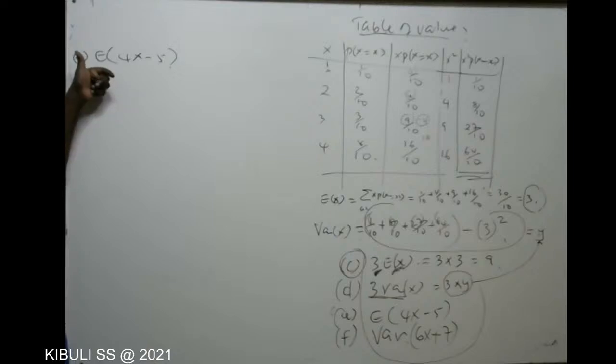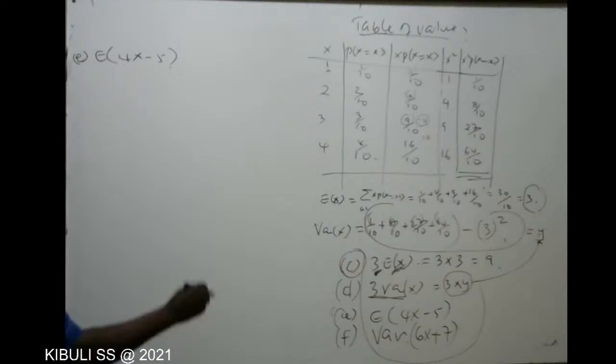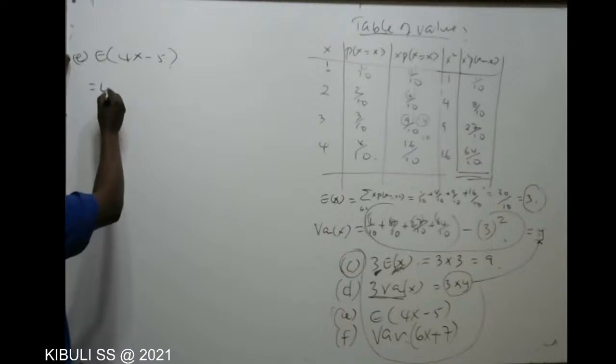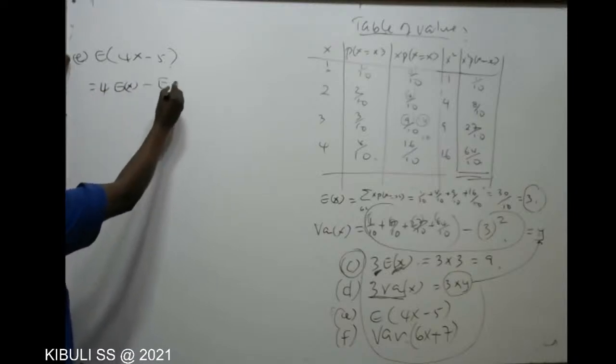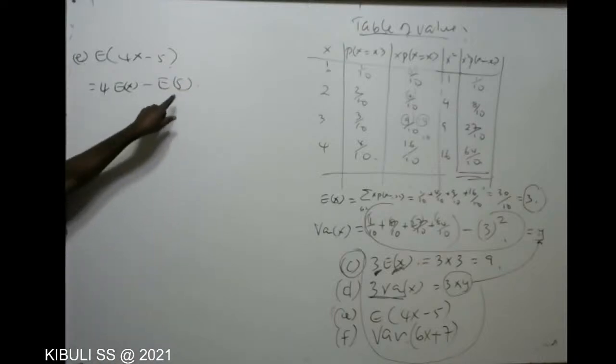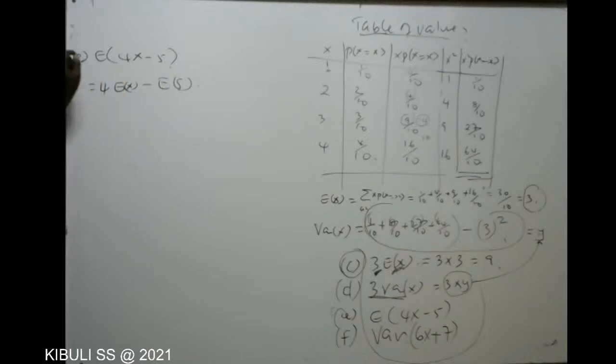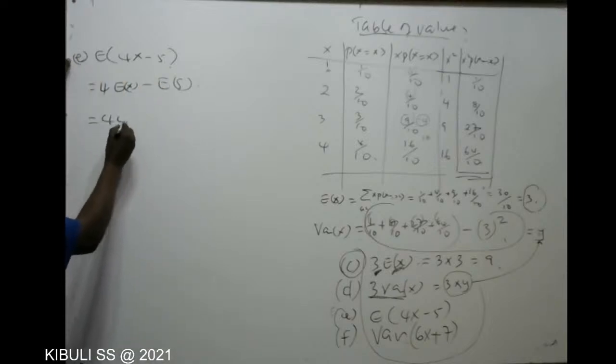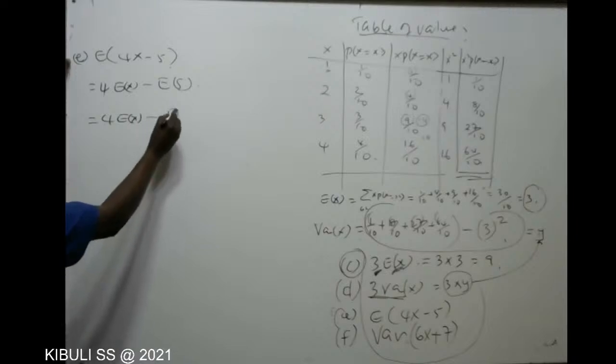So two things can happen here. If you already know what it means, this will be equal to E for expectation of 4x minus expectation of 5. But this is a constant. So since this one's a constant, the expectation of a constant is a constant. So this will be equal to 4 expectation of x minus 5.